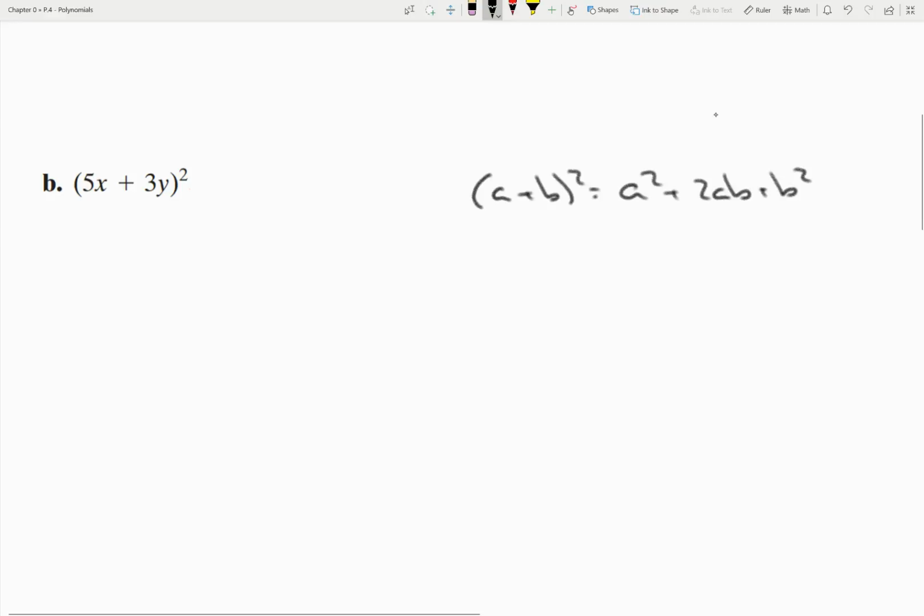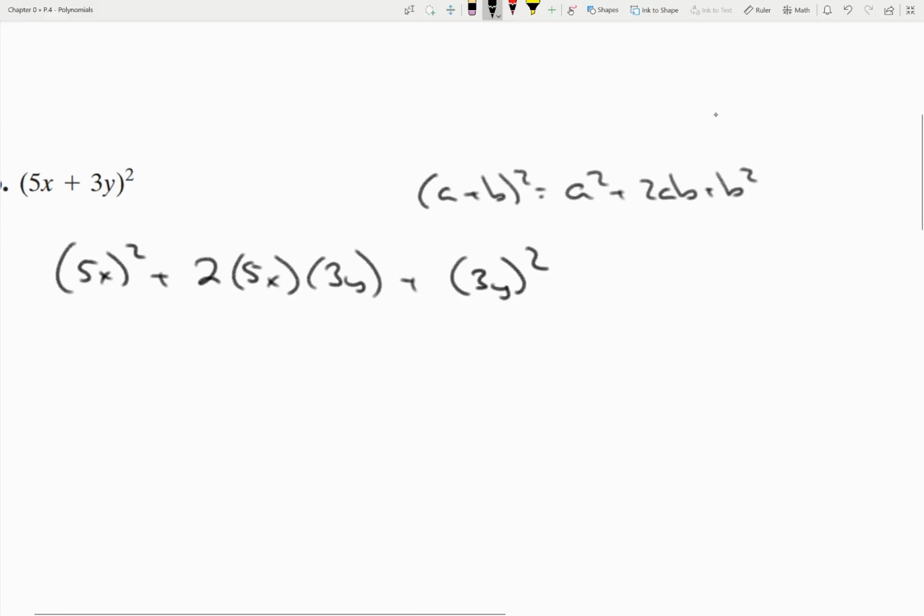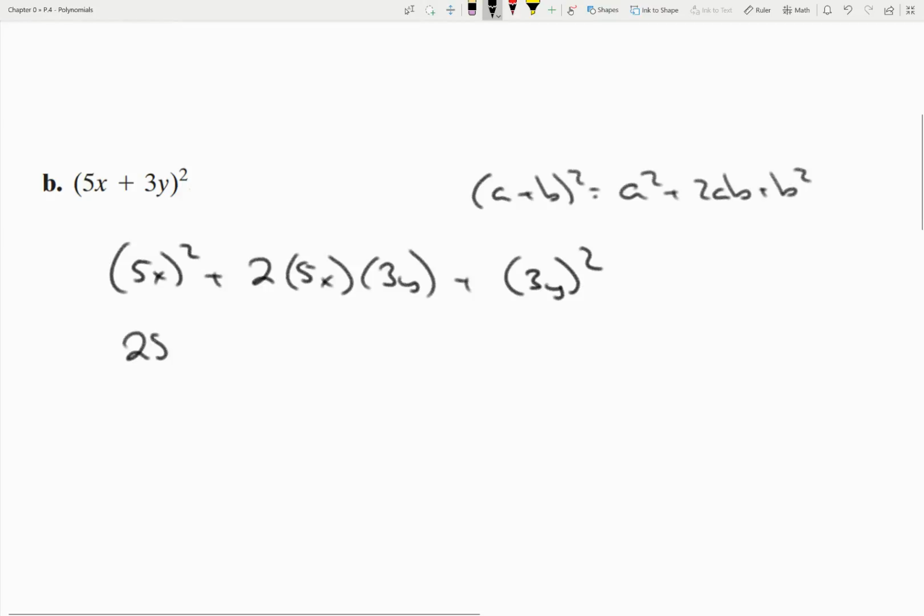I can just say 5x, the first term squared, plus 2 times the first thing times the second thing plus the second thing squared. And I just wanted to write this out to see every step. You can do this as you go to give you 25x squared plus 30xy plus 9y squared. Don't forget to square both terms.